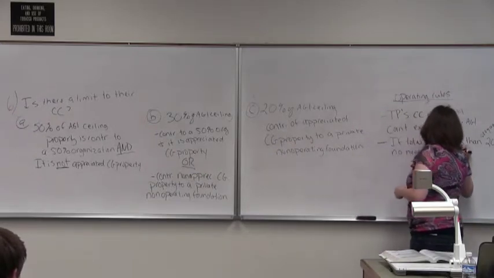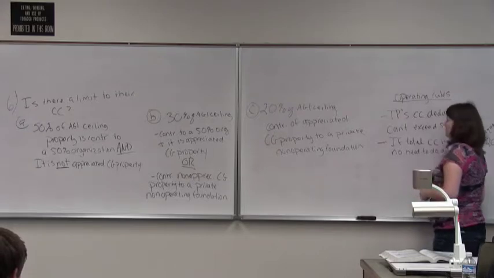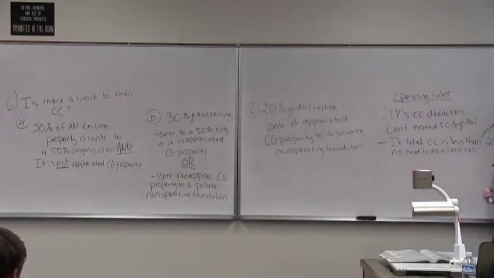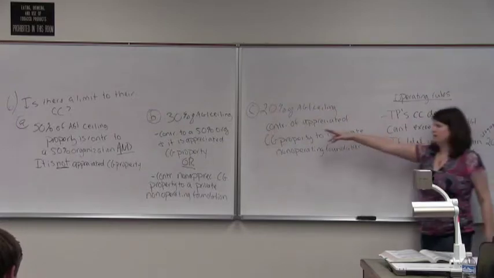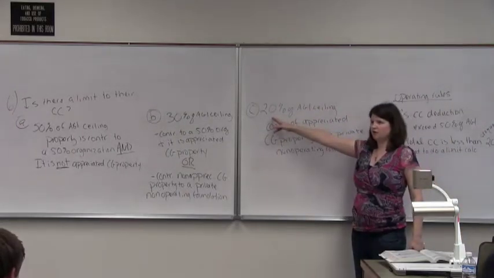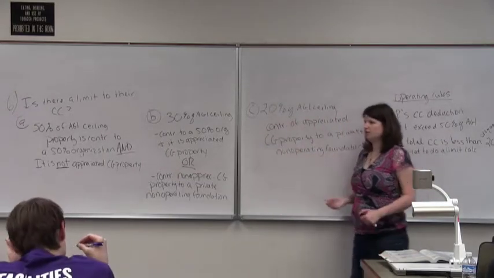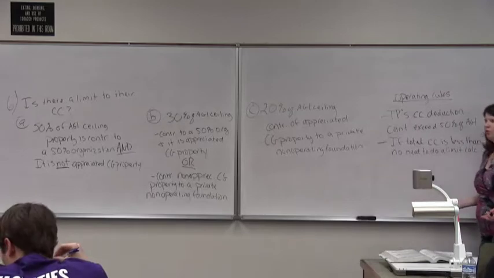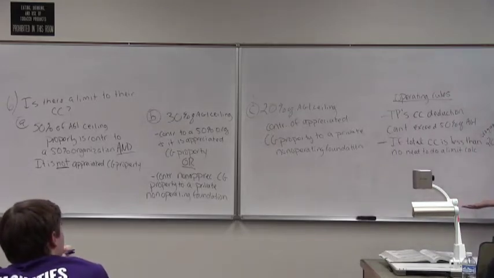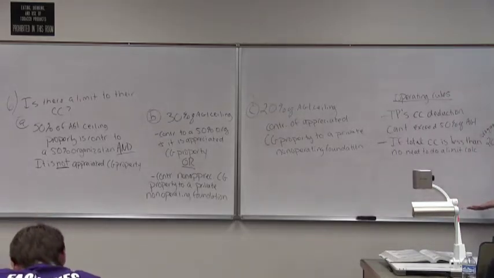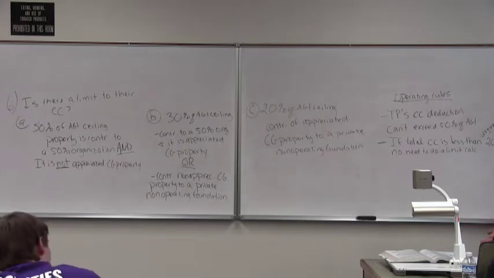Why is that? Well, the lowest limit is 20% of AGI. So if all of your contributions during the year are less than 20% of AGI, why do you even need to worry about the limits? There's not going to be a limit.